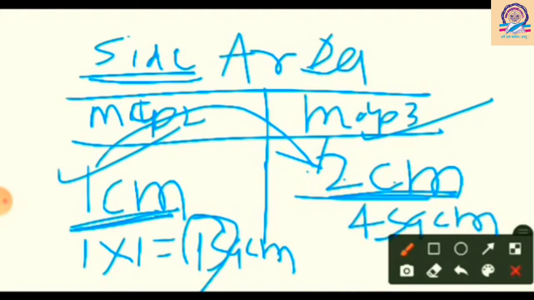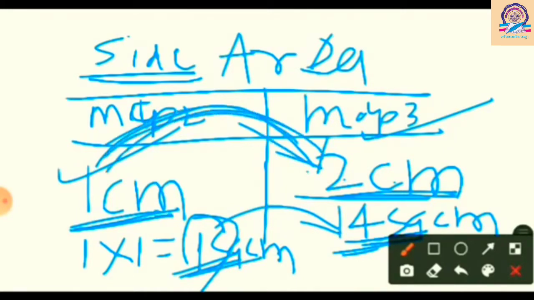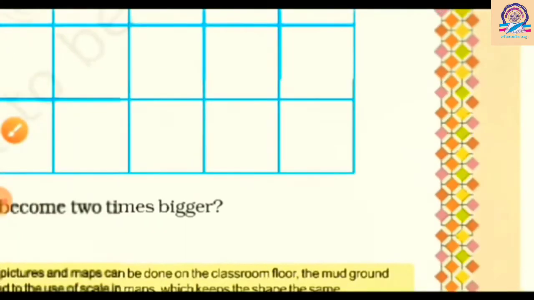So here as you can see, the area becomes 4 times, not double. It is 4 times the 1 centimeter grid, where the side just got double and the area got 4 times bigger. Okay Bacha Party, now you understand that.